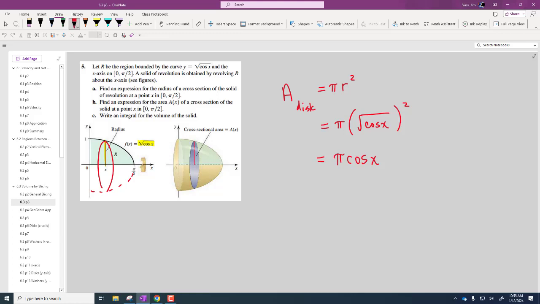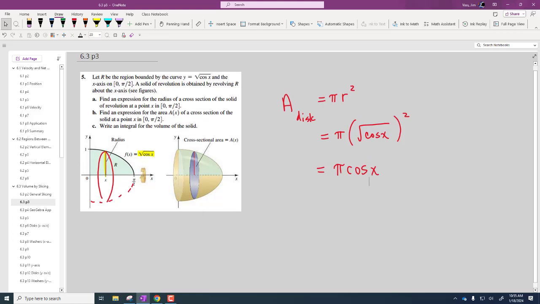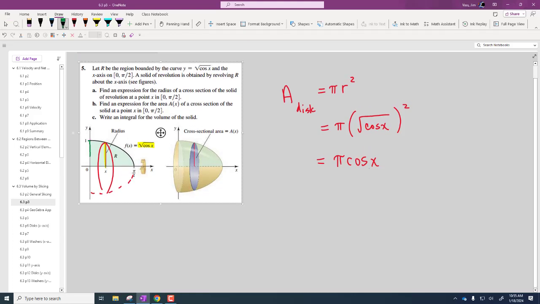Let's come to this edge right here. The radius there is 1. The area of that corresponding disk should be pi times 1 squared, which is pi. So when we plug in a 0 over here to our area function, cosine of 0 is 1, 1 times pi is pi.